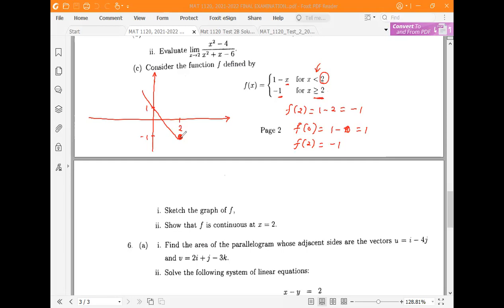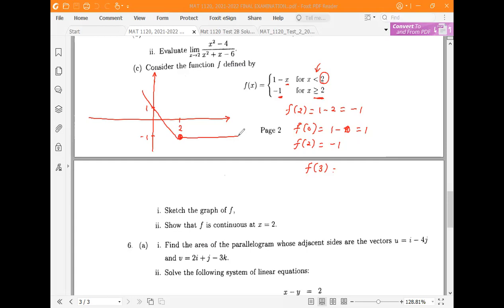Pick a number bigger than 2, say 3. It will still give us the same one. So now we have a line that is like this. That's a straight line. For any x that is bigger than 2, we'll be getting -1, because there's no x to substitute it, so you'll be just getting the same -1 that is there.